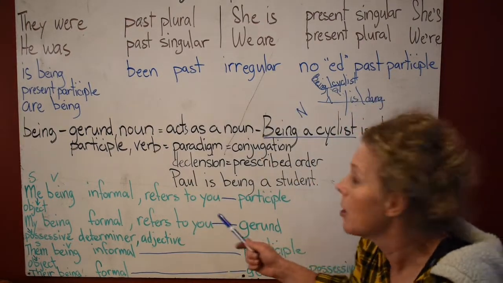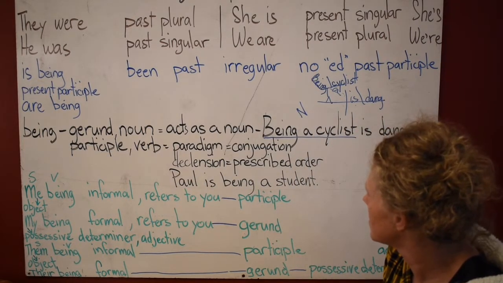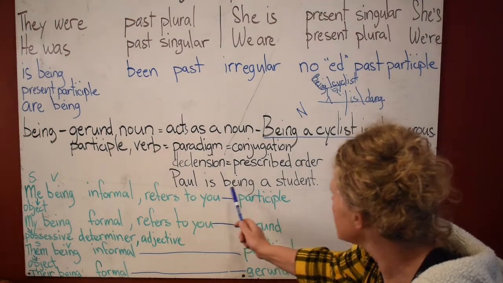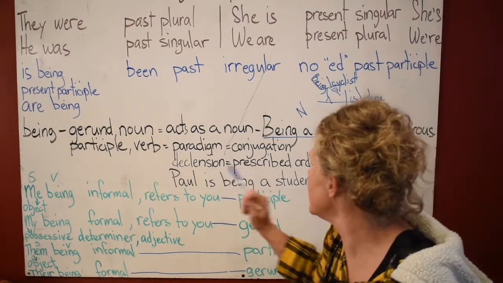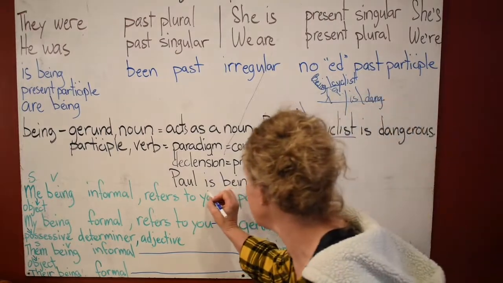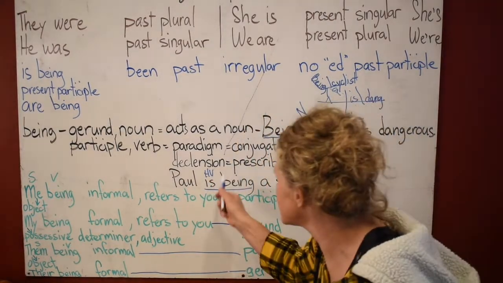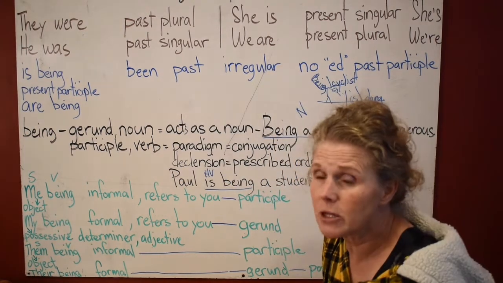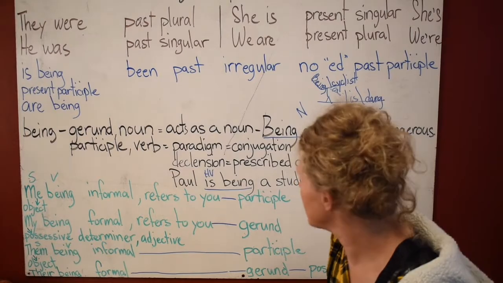Now look at this. Paul is being a student. What is being here? A participle verb. It is a participle verb with its helping verb. That is a helping verb. This is an auxiliary verb. Auxiliary verbs are helping verbs. Helping verbs are auxiliary verbs.